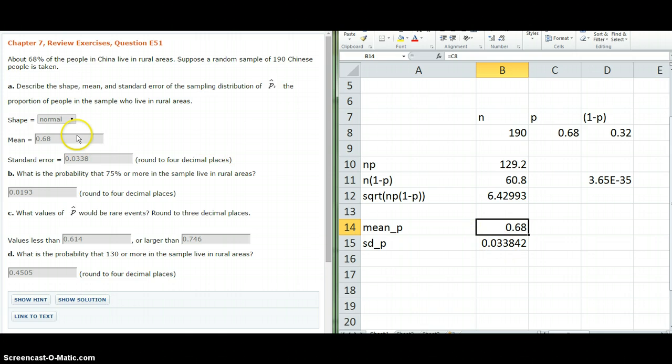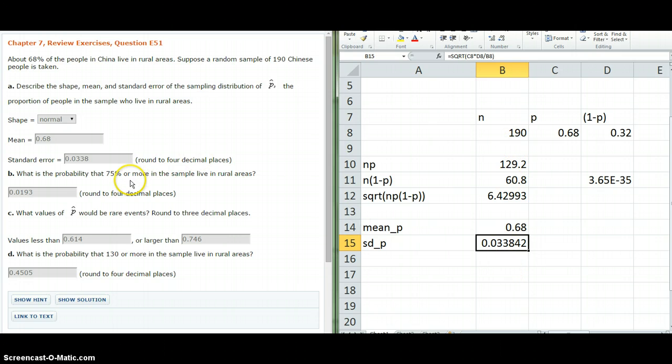And that's what these two numbers are coming from. Again, this formula is the square root of P and 1 minus P multiplied by each other, divided by whatever my sample size is.